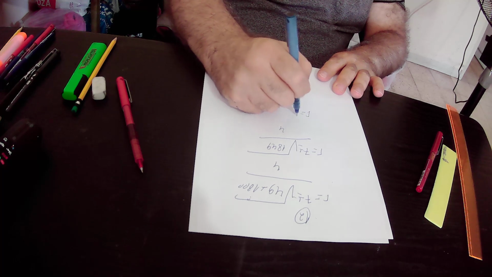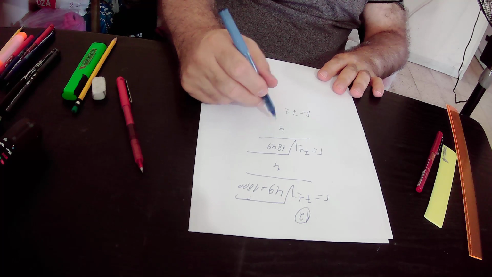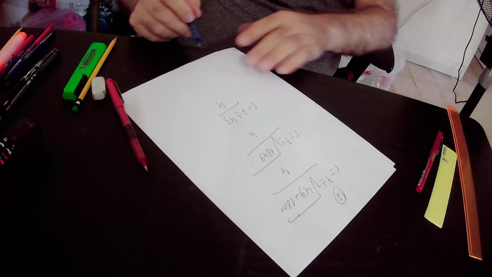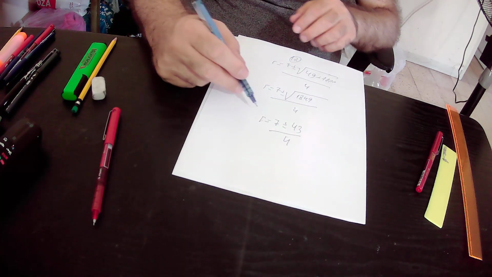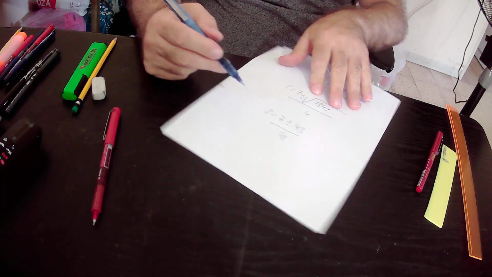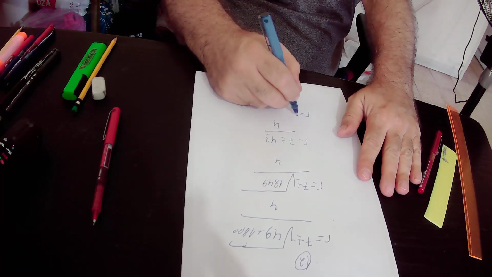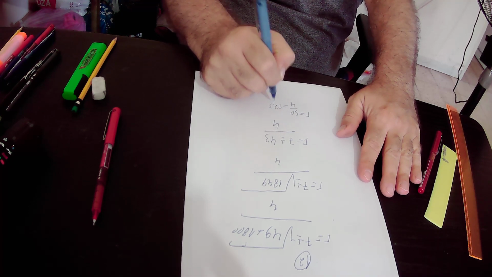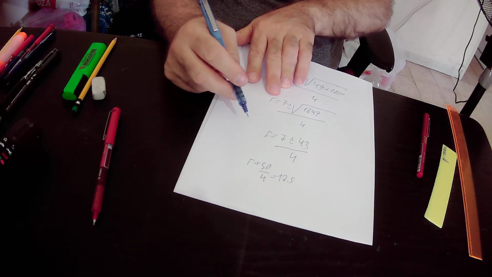The root of 1849 is 43, over 4. So here we will have two solutions. The first solution will be R equals 7 plus 43 is 50 over 4, that is 12.5 units. R equals 12.5 units.